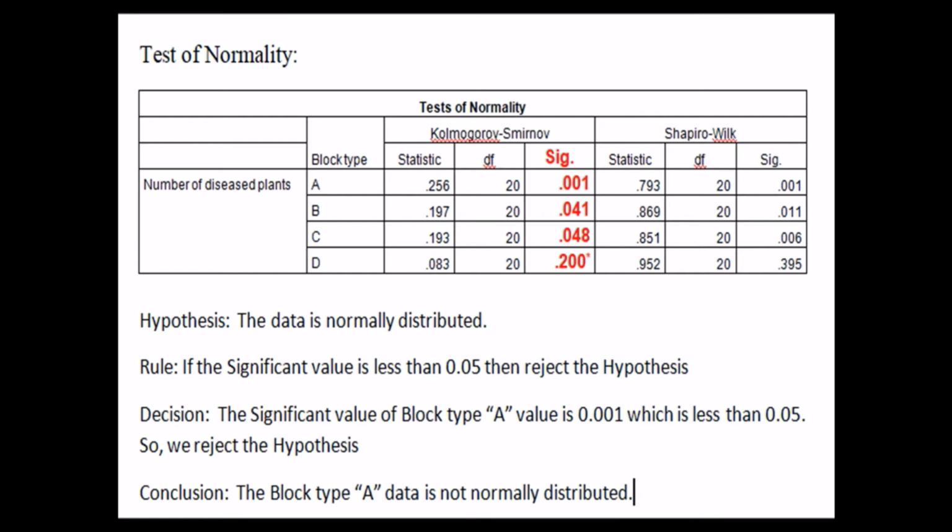It means I am going to retain the null hypothesis, so block D data is normally distributed. The data of blocks A, B and C are not normally distributed because we are rejecting the hypothesis. Block D data is normally distributed because 0.2 is more than 0.05, so I am accepting the hypothesis.